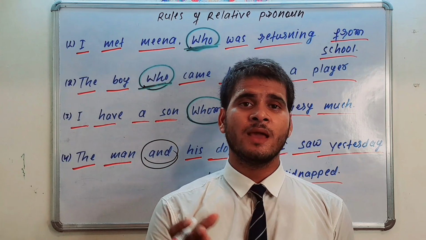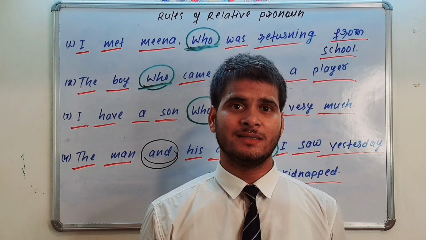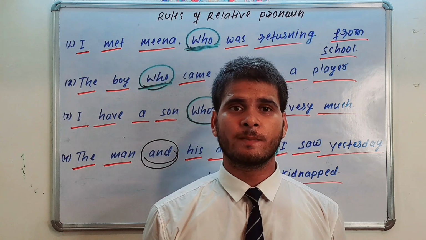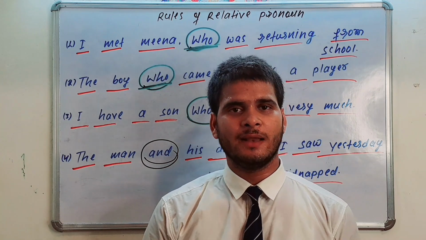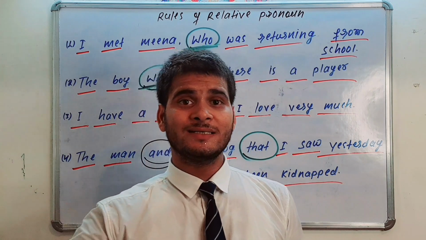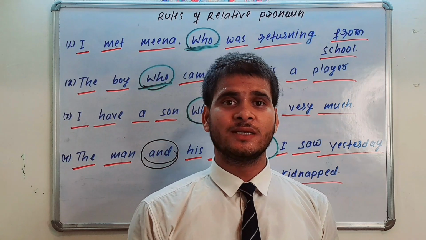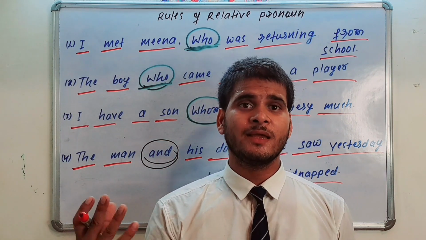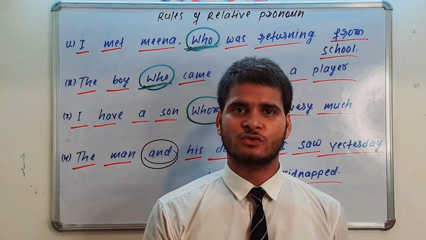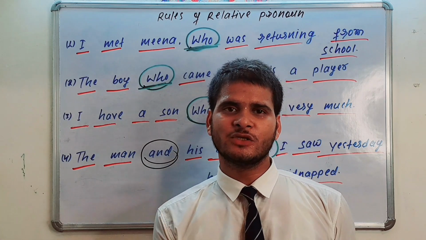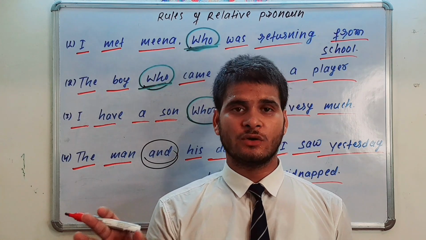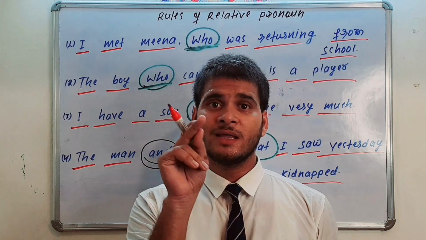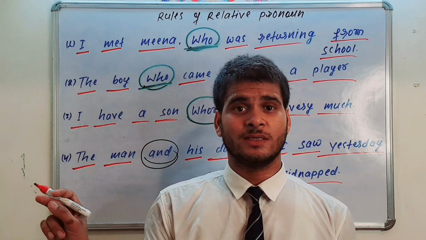If two antecedents are used in a sentence by joining the conjunction and, in which the first should be a person and the second should be animals or things, then after that the relative pronoun that is used in a sentence.